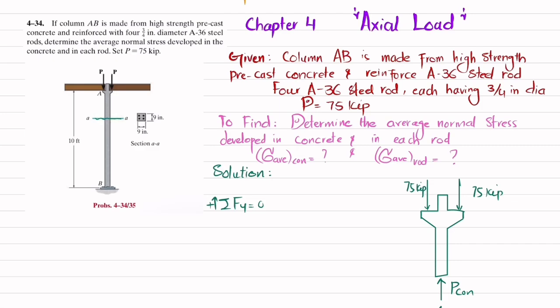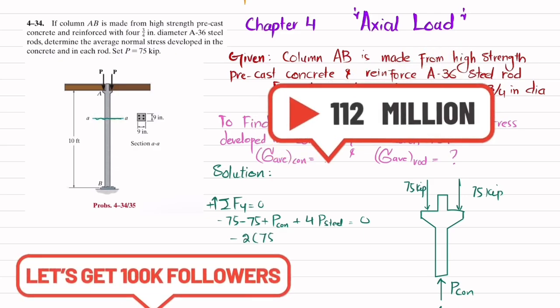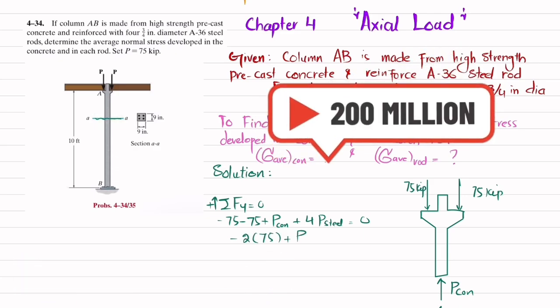So minus 75 minus 75, plus P concrete, which is the load taken by the concrete, plus 4 times P steel, the load taken by the steel, is equal to 0.